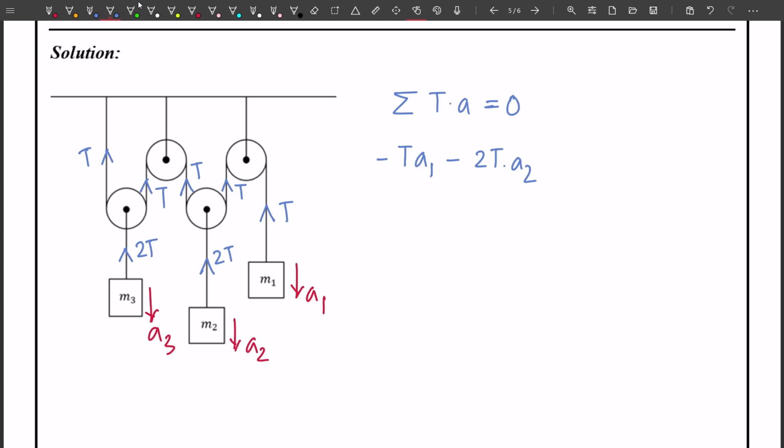And the acceleration in the downward direction is a3, so their dot product will be minus 2T a3, and this sum will be 0. So from here we can easily get that a1 plus 2a2 plus 2a3 is 0.